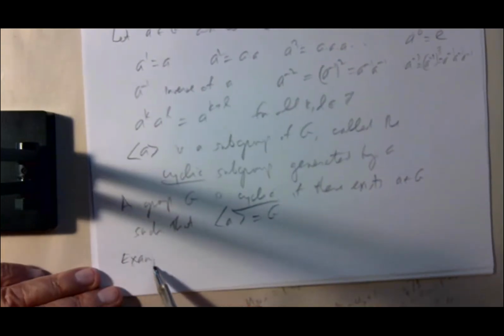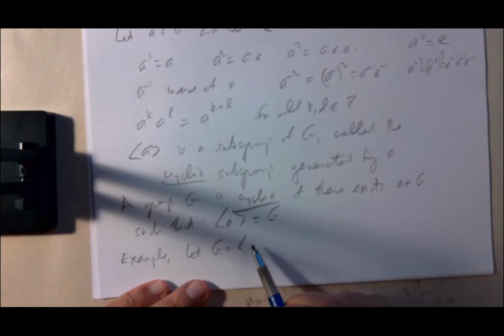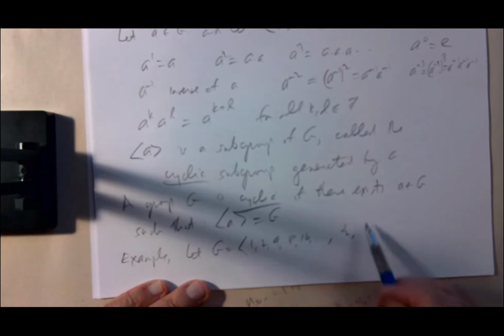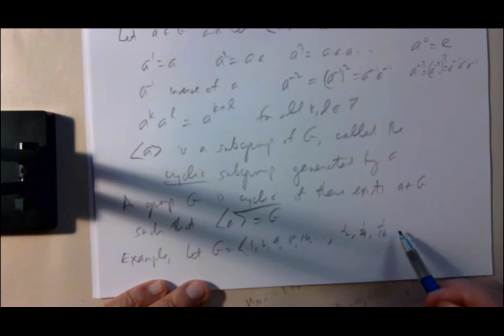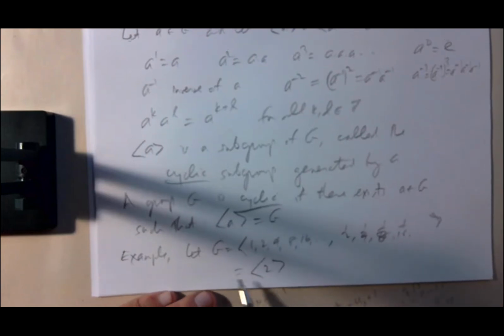So for example, in the positive real numbers, if I let G be the set of 1, 2, 4, 8, 16, and so forth, and a half, a fourth, an eighth, a 16th, and so forth, this is exactly the cyclic subgroup generated by 2.